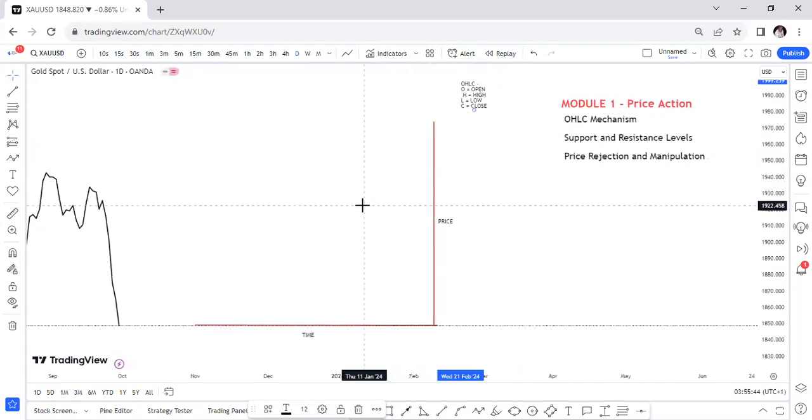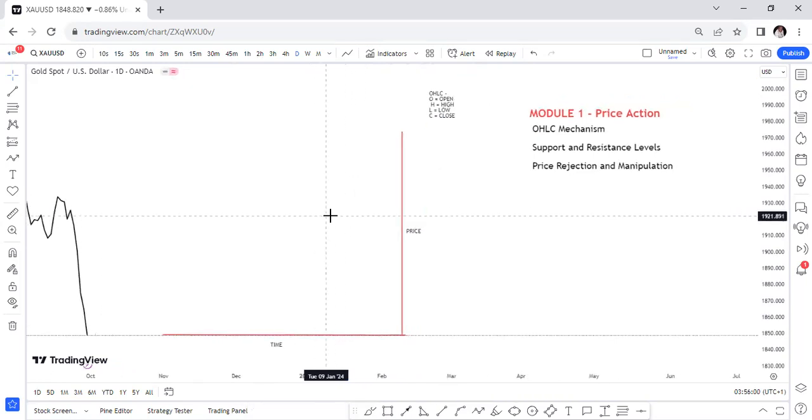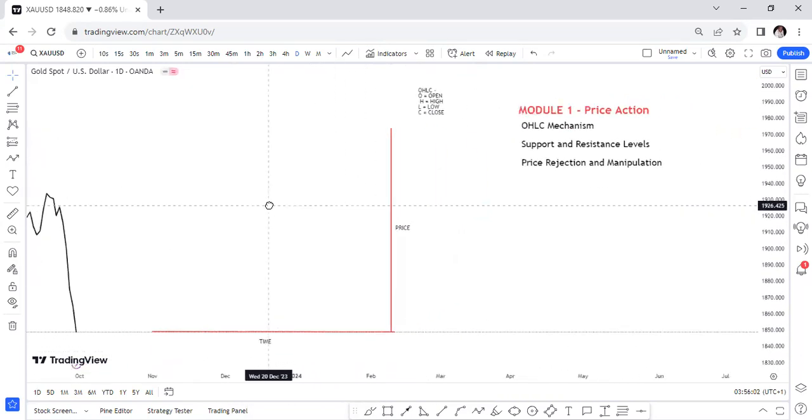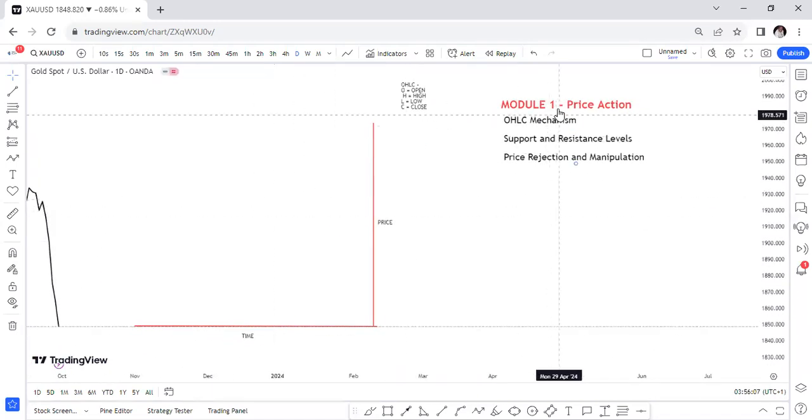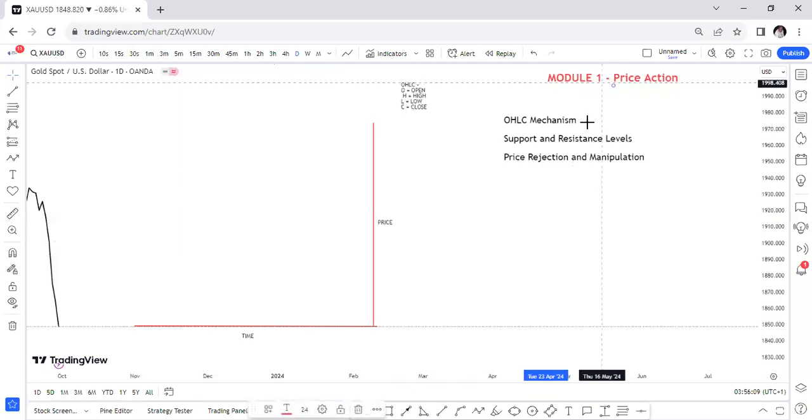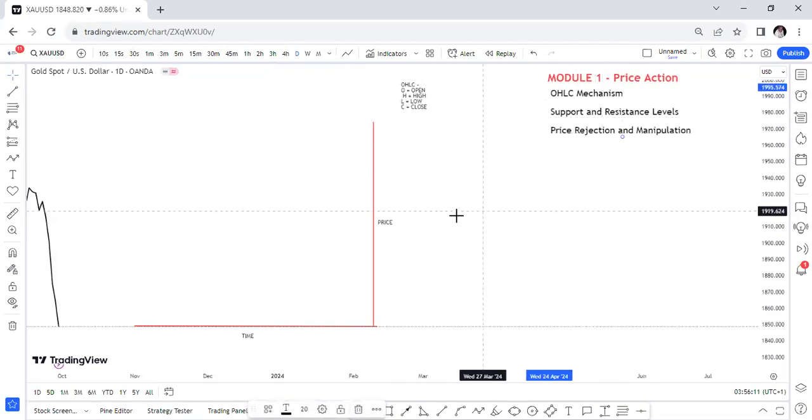Now, how does price move? You must understand the mechanism, the dynamics of price action along these demand and supply paths.